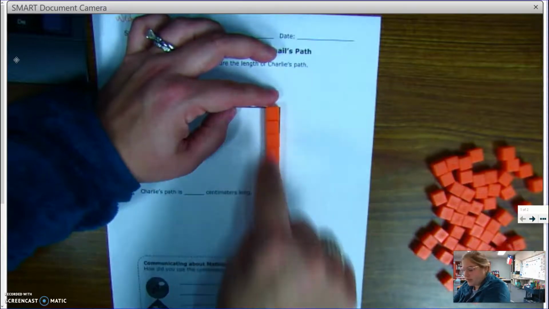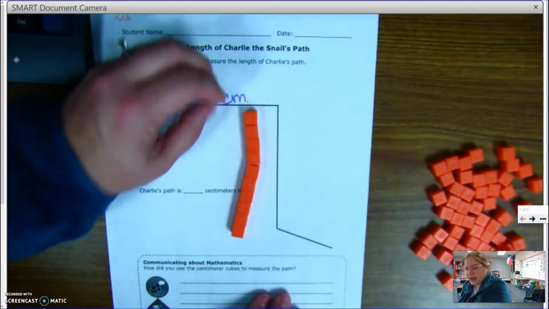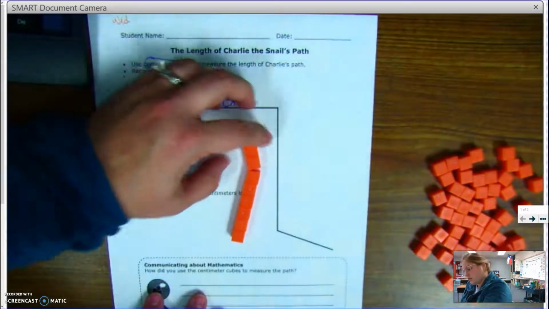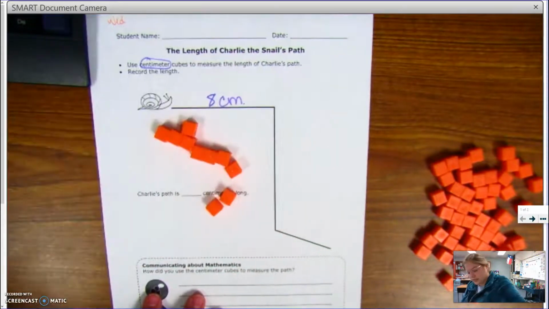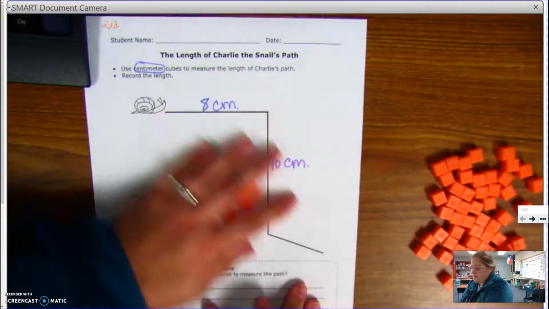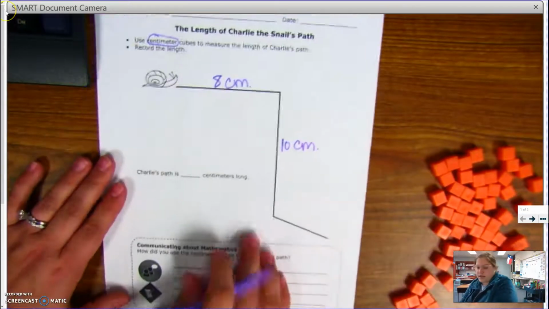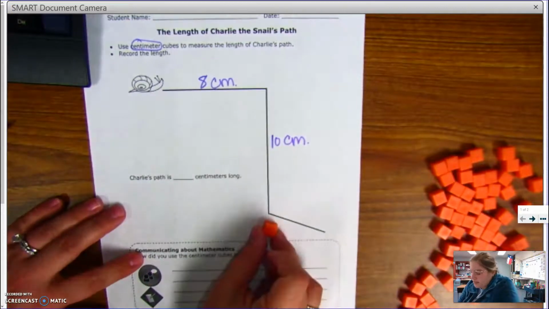So I'm going to count these cubes and figure out the distance for this part of his path. So that's 1, 2, 3, 4, 5, 6, 7, 8, 9, 10 centimeters for that section. So 10 cm. And now I need to measure this last piece of his path.